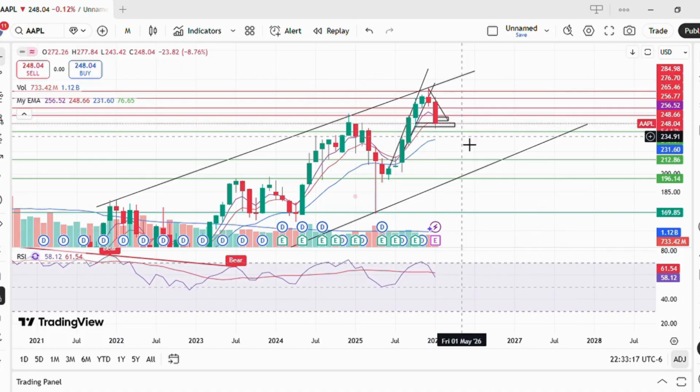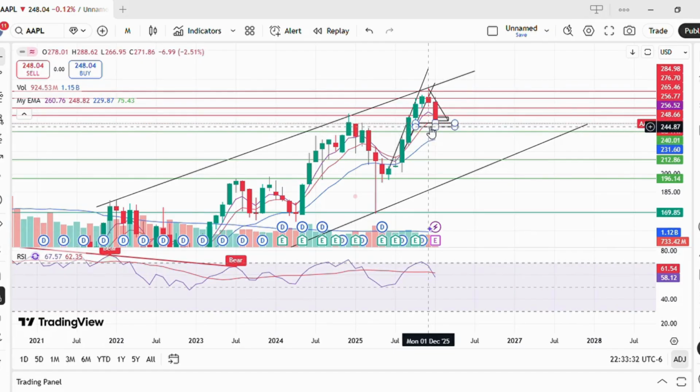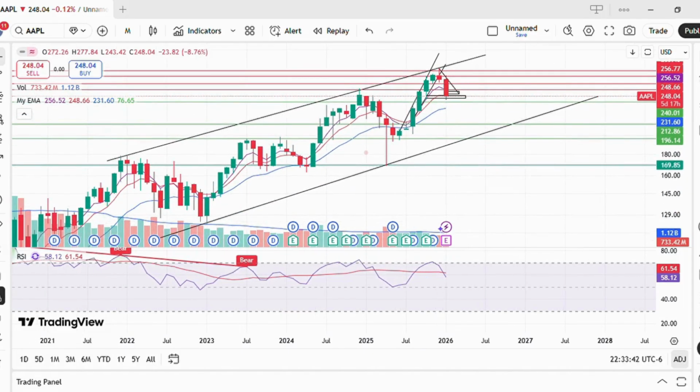Currently it is testing this bullish fair value gap on the monthly time frame. Because the trend is an uptrend, the price may revert from here also, but looking at the previous two corrections, we may expect one more correction to form another higher low.